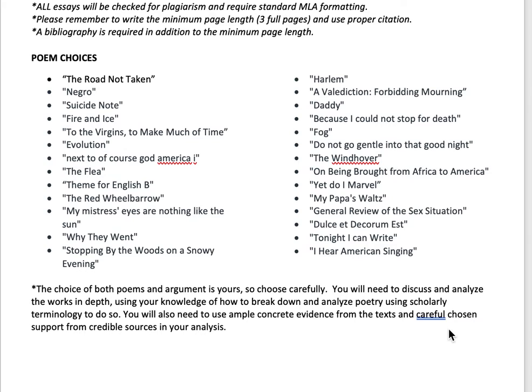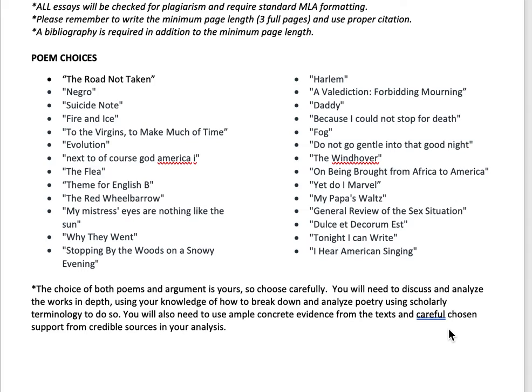If you say we're going to do My Papa's Waltz and Theme for English B, you could say both poems touch on the theme of abuse, right? In Theme for English B, the abuse is based on racial profiling, and in My Papa's Waltz, it's based on domestic abuse.